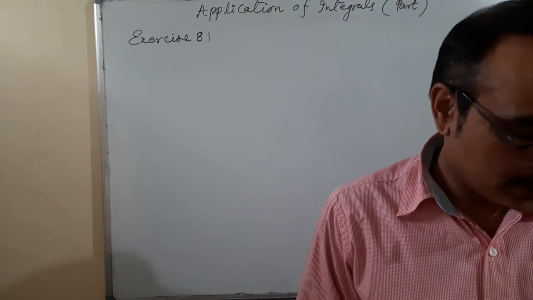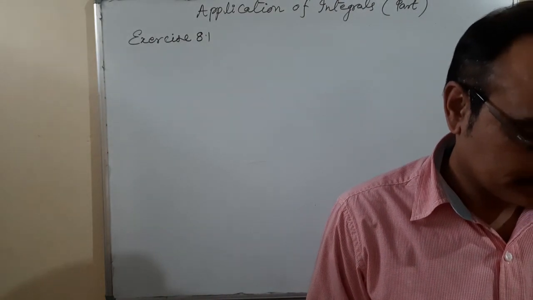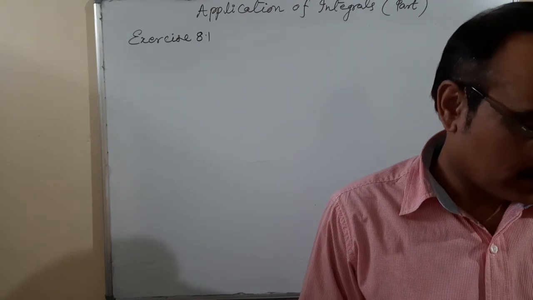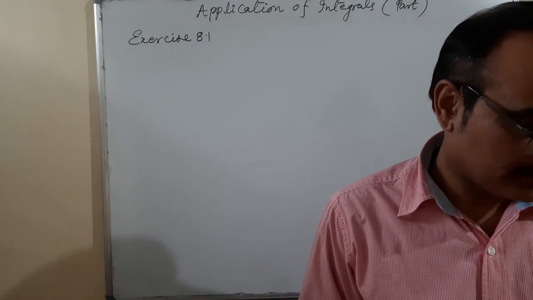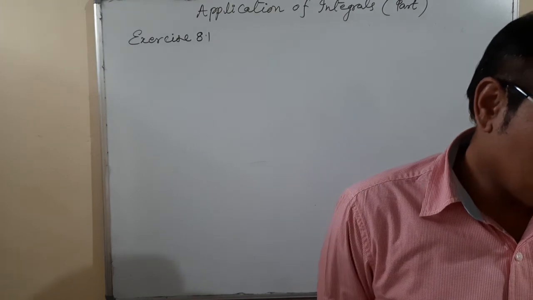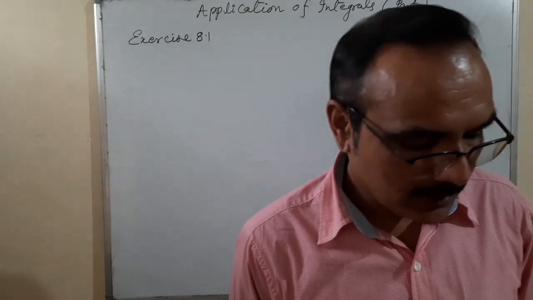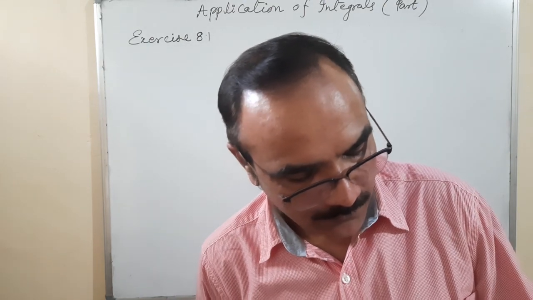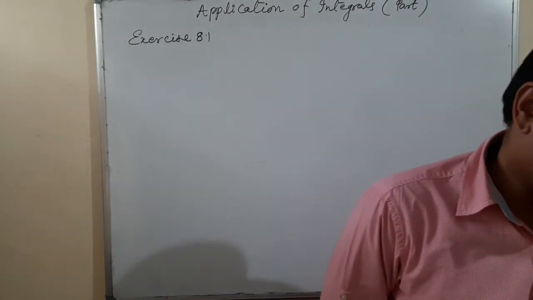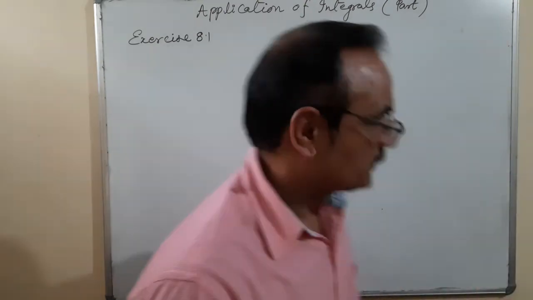Now I want to take a question. Question number 6. Find the area of the region in the first quadrant by the x-axis, line x = root 3 y, and circle x square plus y square is equal to 4.